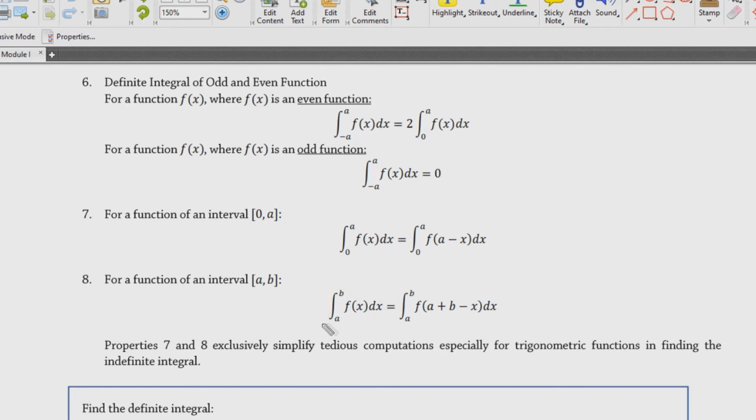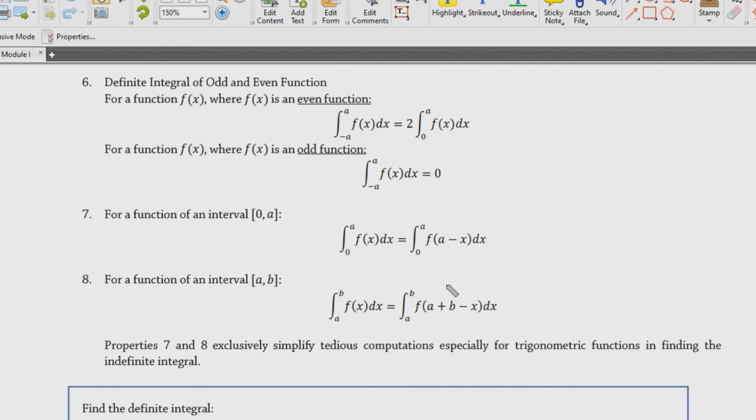Now, in some problem solving, I'll be trying to incorporate these two rules that we can use when integrating, because, as stated here, properties 7 and 8 exclusively simplify tedious computations, especially for trigonometric functions, in finding the indefinite integral.